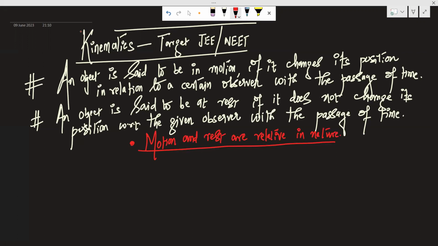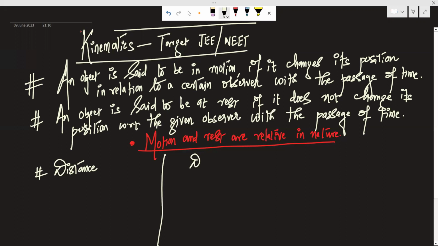Okay. Next, whenever we discuss motion, we have to remember distance and displacement. Let us just revise their meaning.